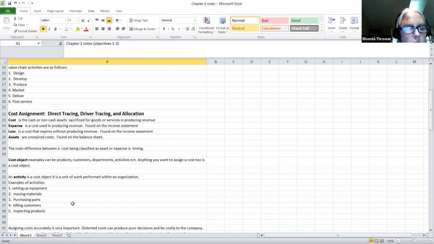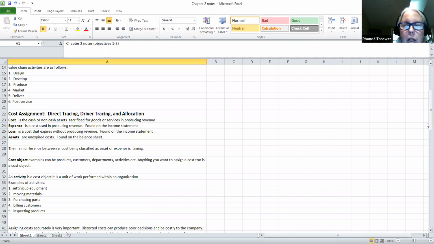So setting up is an activity, moving materials is an activity, purchasing parts is an activity, billing customers and inspecting products are activities. And we're going to learn how to assign costs to these activities in a later chapter.